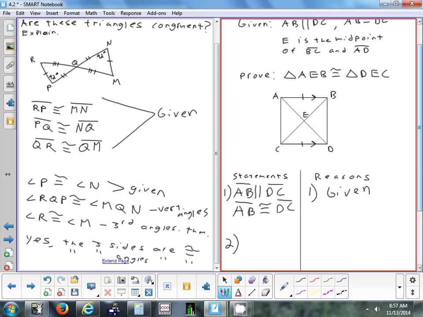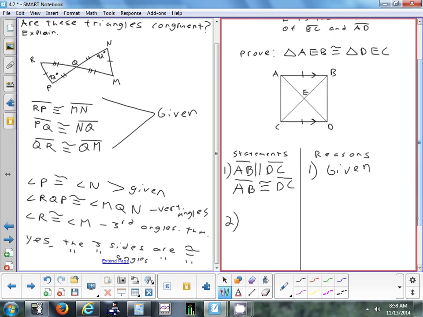So that's how we want to think of this picture: parallel lines cut by a transversal. Anybody see some angles here that would be congruent because we have parallel lines, and those diagonals are like transversals? It's actually going to be two pairs here.